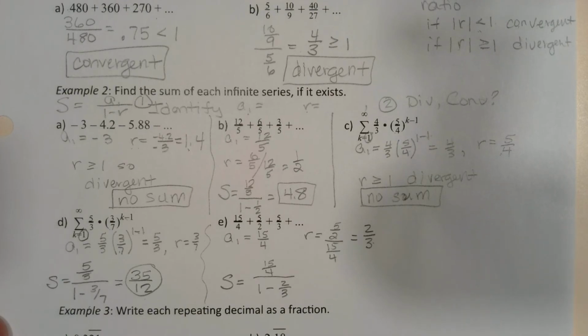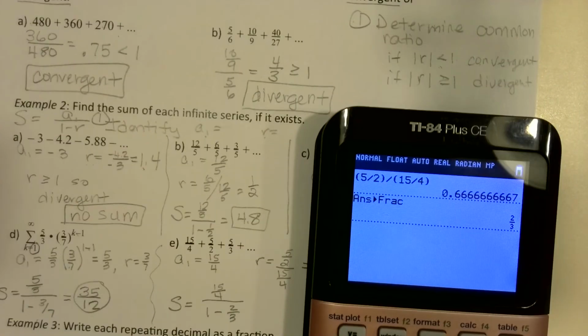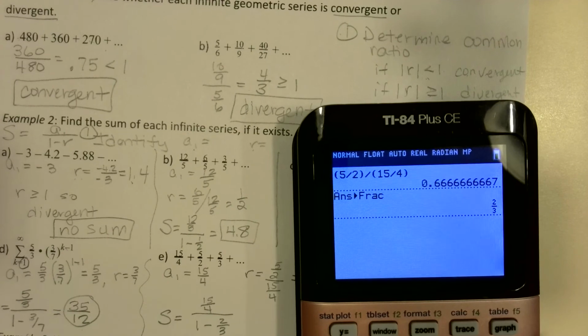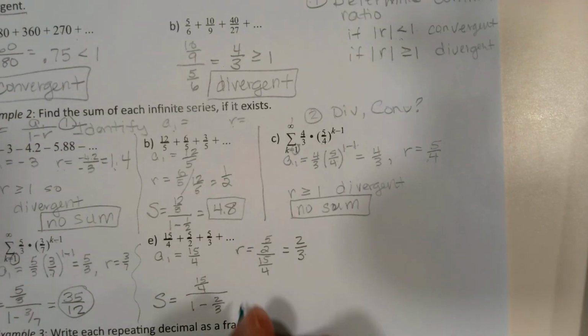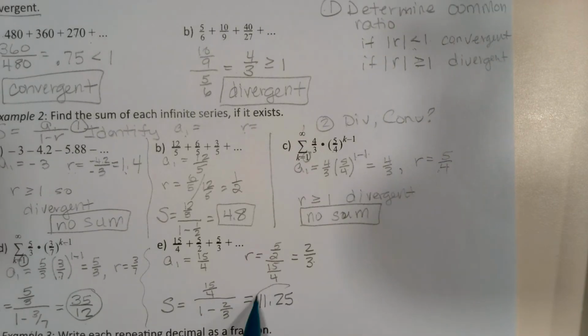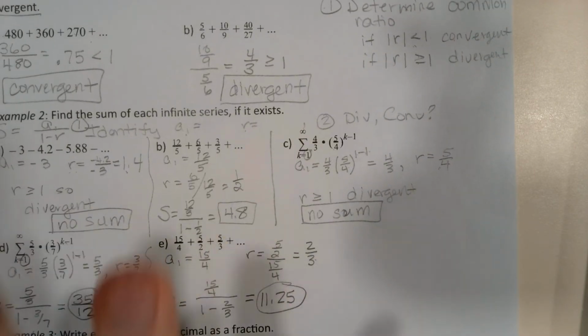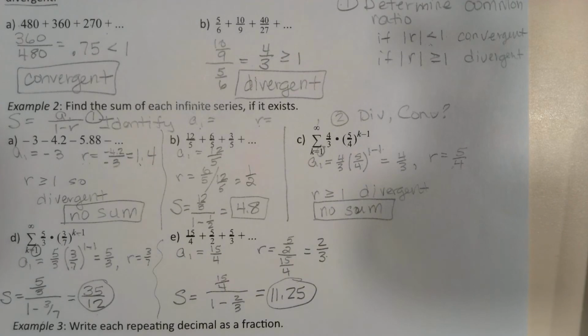Okay, so we're going to plug that into our calculator. 15/4 divided by 1 minus 2/3, or you can just write 1/3 in there, 11.25. Okay, that's my sum. That's the meat of the problems for this section, is deciding if something is convergent or divergent and finding the sum if it has one.